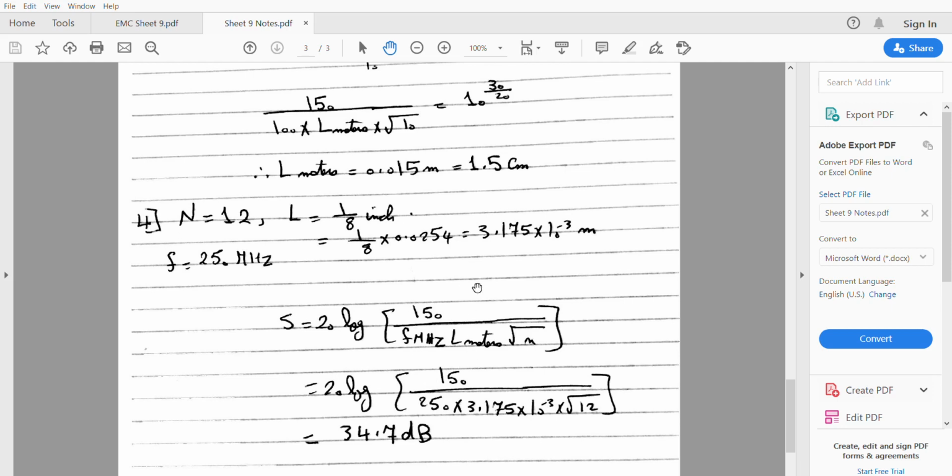L, we convert it into meter, which is equal to 3.175 times 10 power negative 3, and N is a number which is equal to 12. By calculating it, we get the value of 34.7 dB. Thank you.